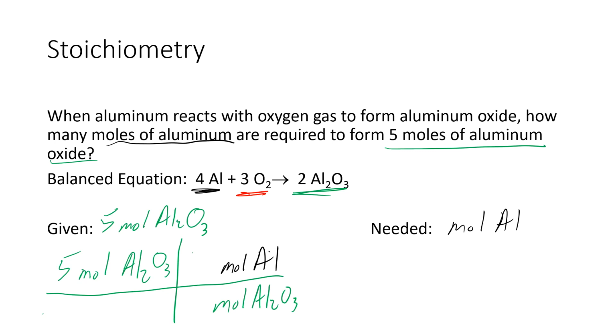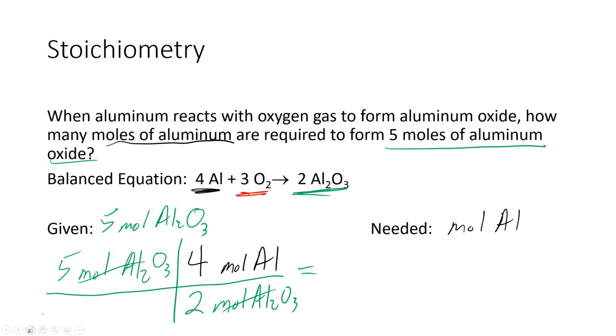That relationship comes from the mole to mole balanced equation. We have 4 with that one, and 2 with that one. That cancels out moles of aluminum oxide, and we have moles of aluminum, which is what we needed.